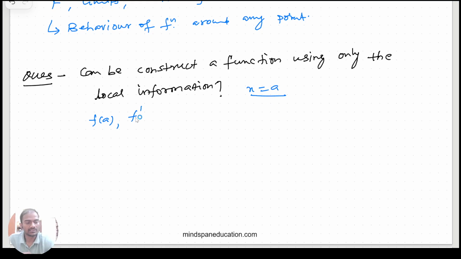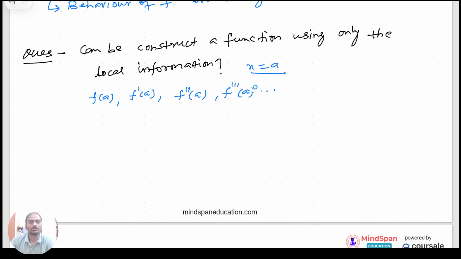You have the first derivative f'(a). You have the second derivative f''(a). You have the third derivative and everything. What is a derivative and how we calculate it, that we have already seen in the differentiability chapter. So you should go through that chapter before this one. Then only you will be able to correlate properly.